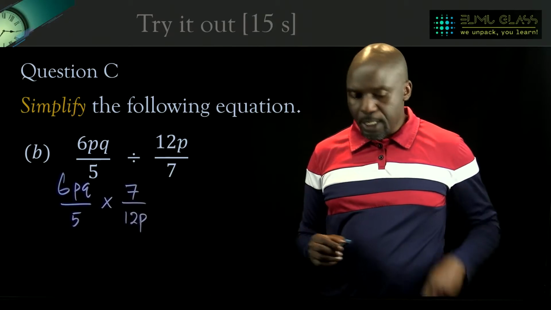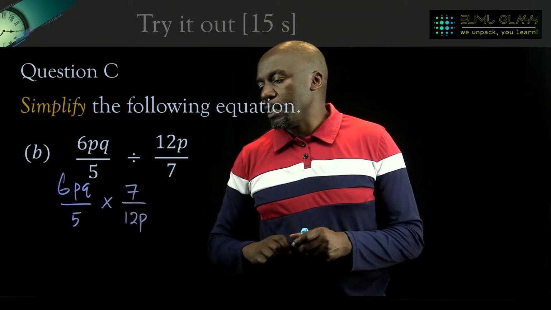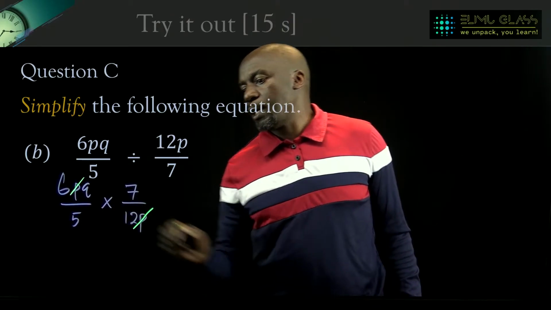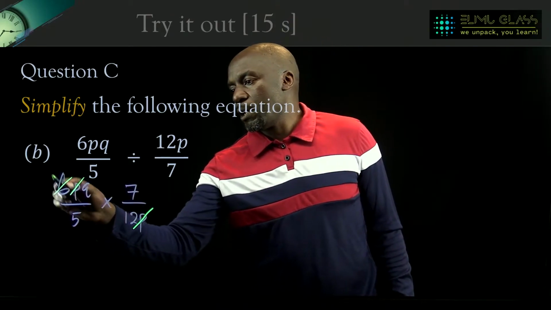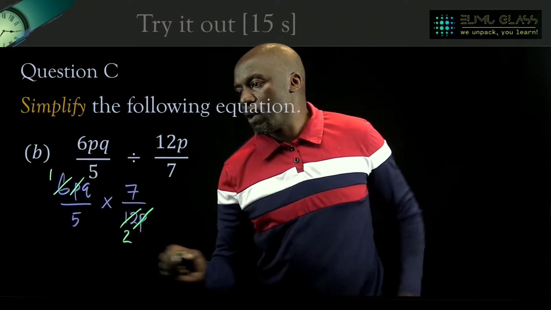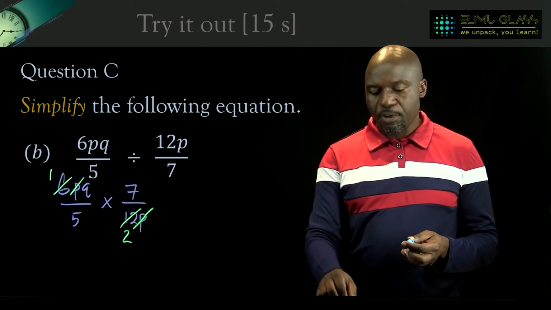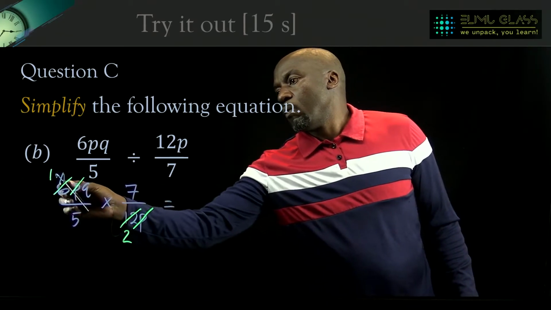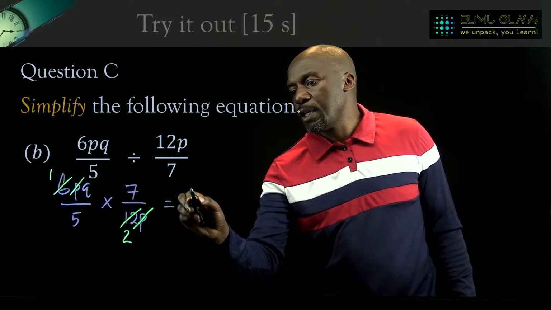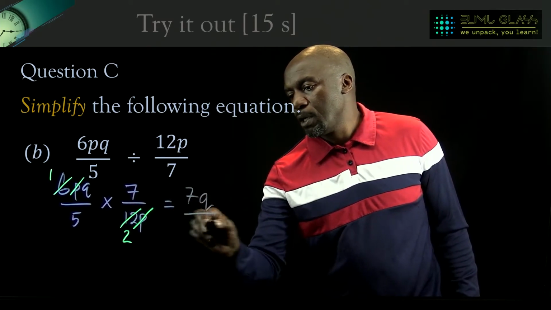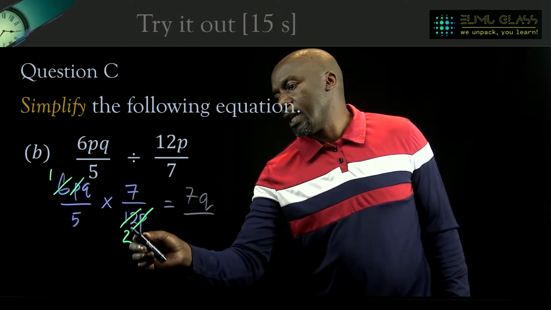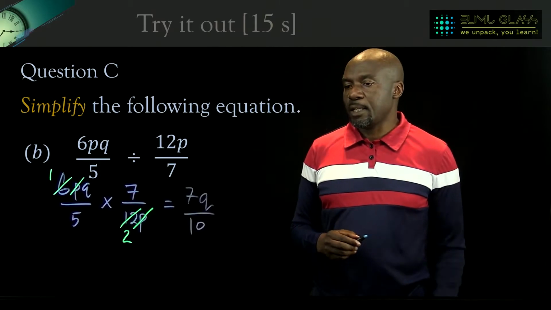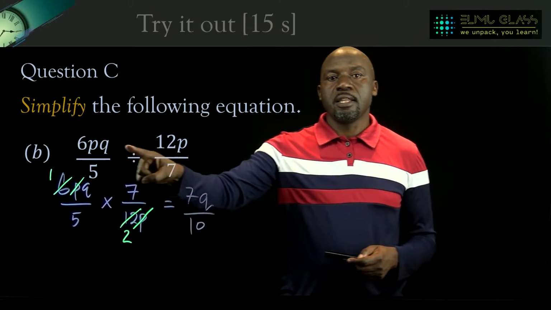If I look carefully, I can see there is a p here that can cancel with a p there, but also 6 goes into itself once and 6 goes into 12 twice, and that means I can now simplify my expression to 1 times q is q times 7 is 7q, divided by 5 times 2, which is 10, and that is our result of simplifying this expression.